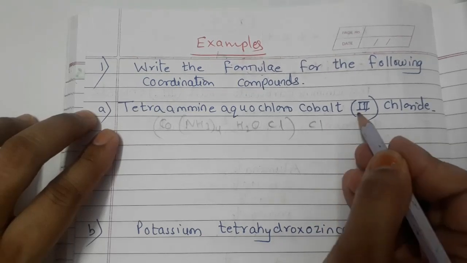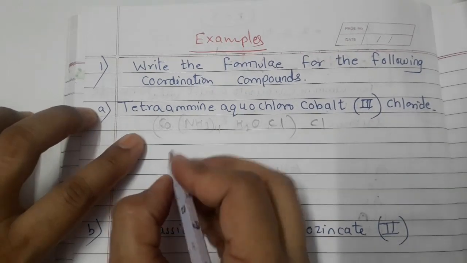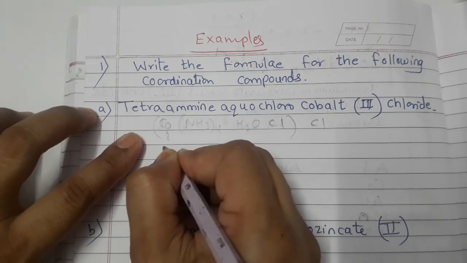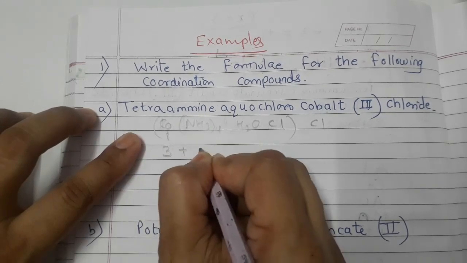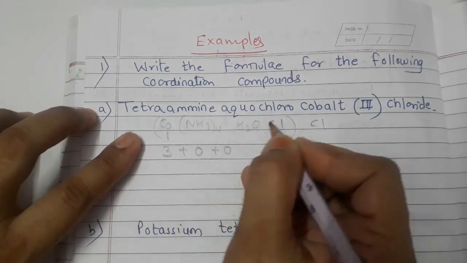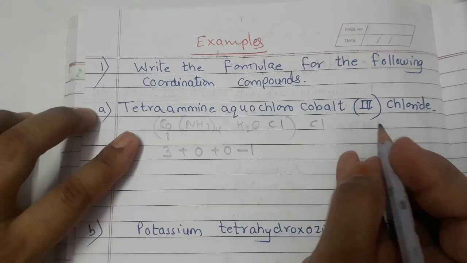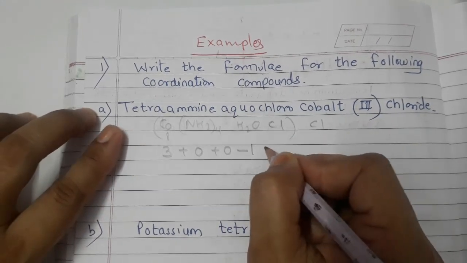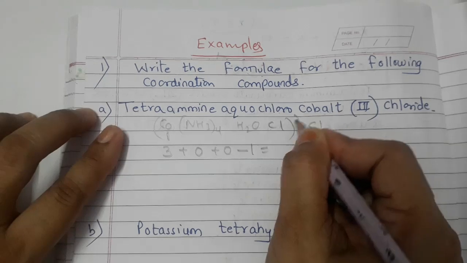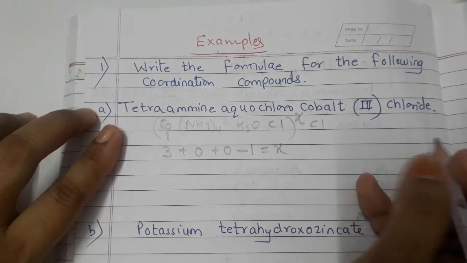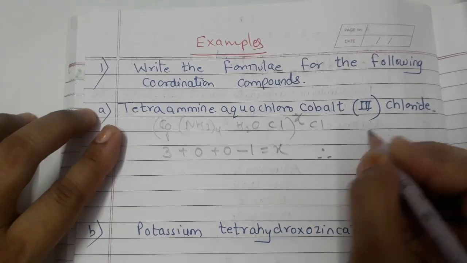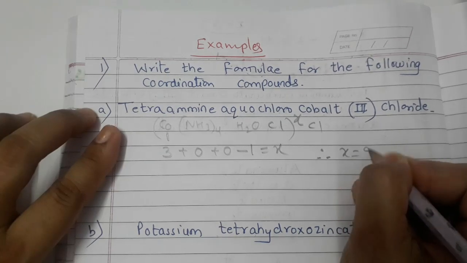Now cobalt is having 3 oxidation states, students. So what I will do, I'll write here 3, okay, plus 0 plus 0, and chlorine is minus 1. So it is equal to, I do not know what is the charge on this complex, I write x. Okay, so therefore x would be equal to 2.